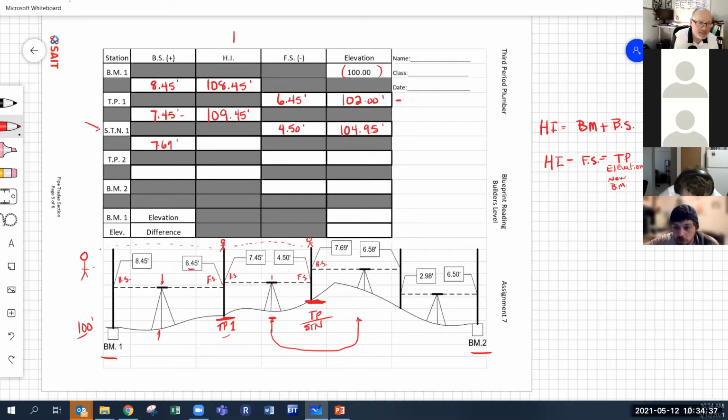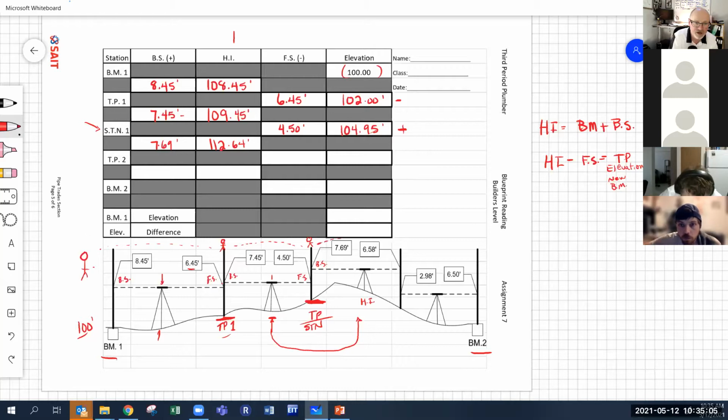Once we have the back sight, we can get the height of the instrument, where we take the new elevation, and we add the back sight to that. And if I do my math correctly, that should be 112.64 feet. And that is my height of my instrument right there.